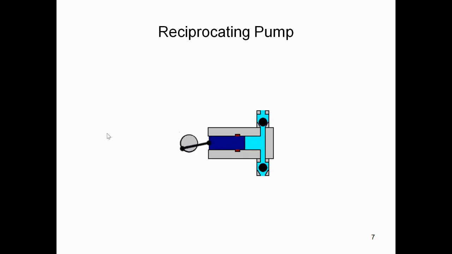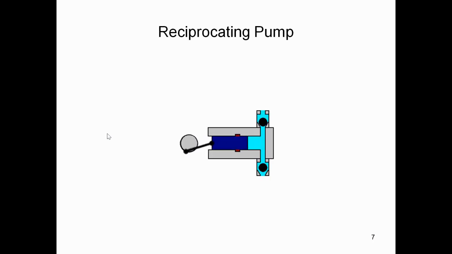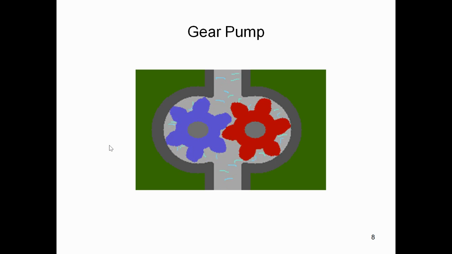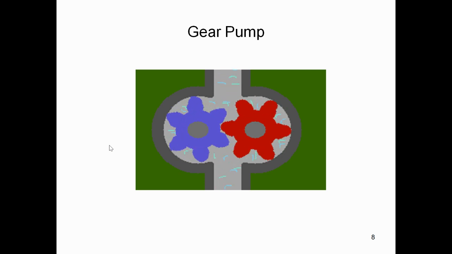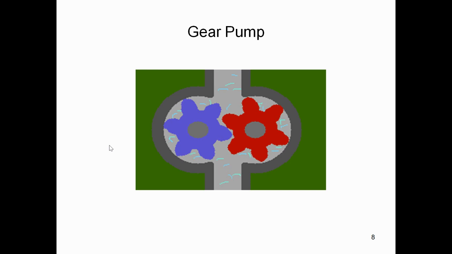Here we can see the reciprocating pump. These reciprocating pumps are further classified into three types. We can see the diagram of a reciprocating pump here. Next we can see the gear pump diagram.